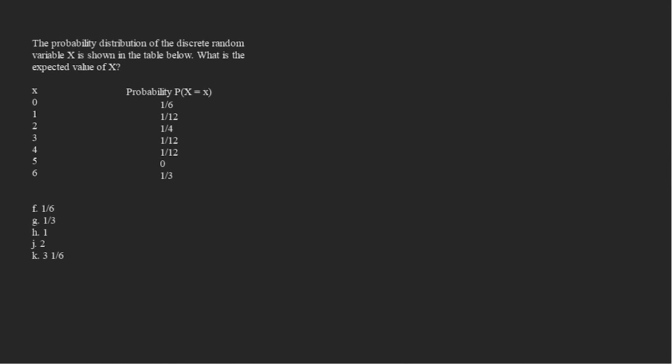Let's go ahead and take a look. I believe there are two more. I'm going to let you guys try to solve this one out. The probability distribution of the discrete random variable x is shown in the table below. What is the expected value of x? What do you think we do? Let's go ahead and multiply across and add them all together.